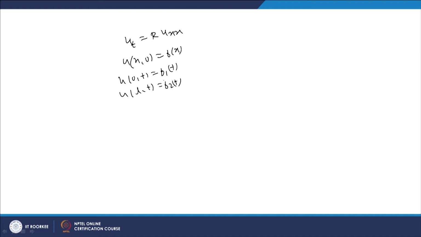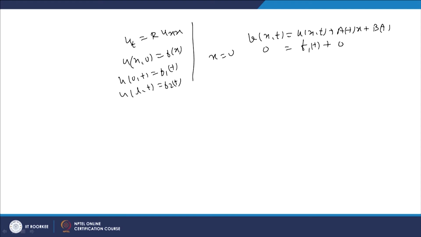So, here we really do not want to solve this, because we know we have solved this problem by taking f1 and f2 as 0. So, let us assume that v(x,t) is equal to u(x,t) plus a(t)x plus b(t). Now, at x equal to 0 this must be 0, but u(0,t) is f1(t). So, f1(t) equal to f1(t) plus this part is 0 plus b(t).